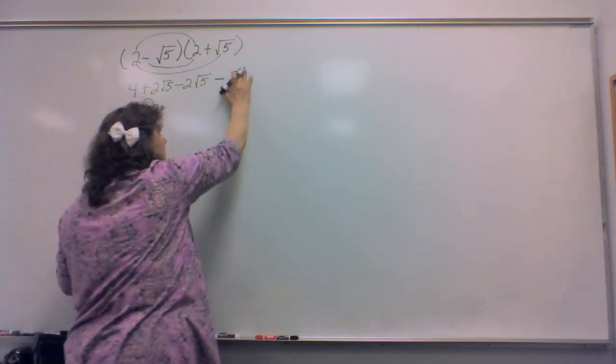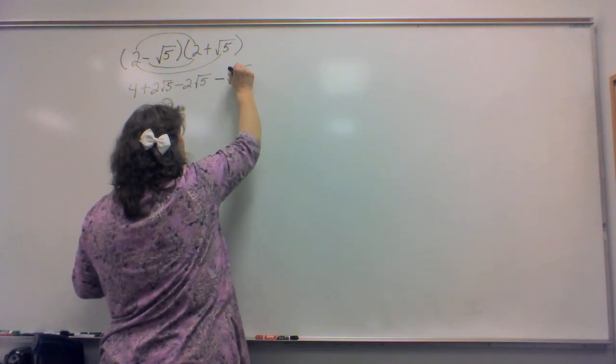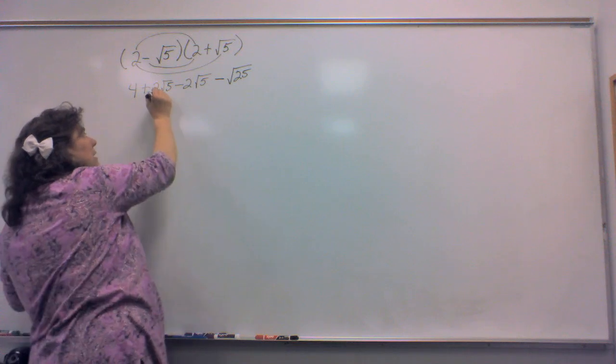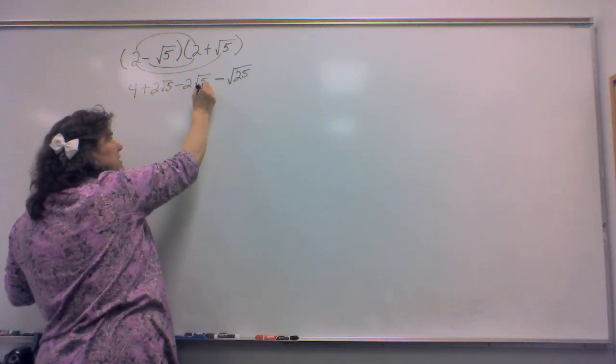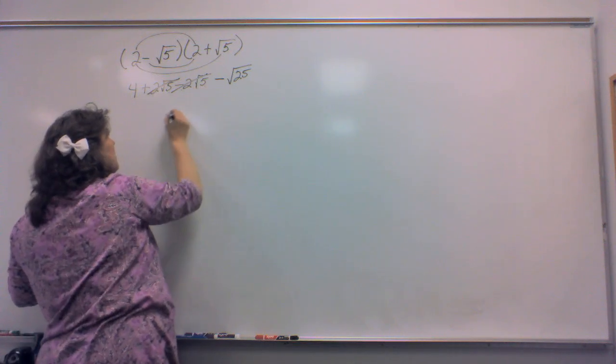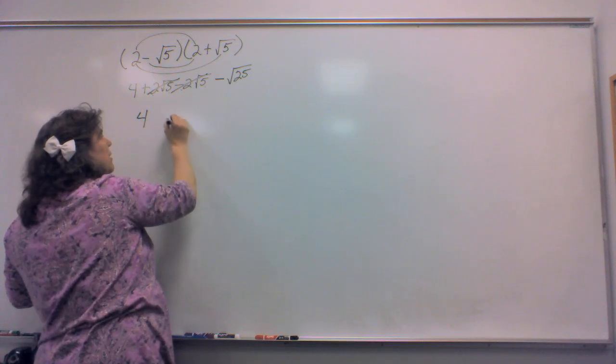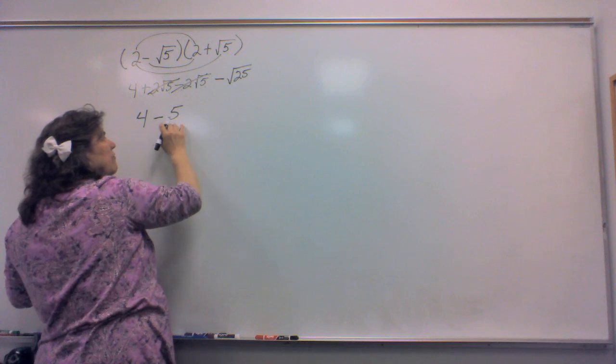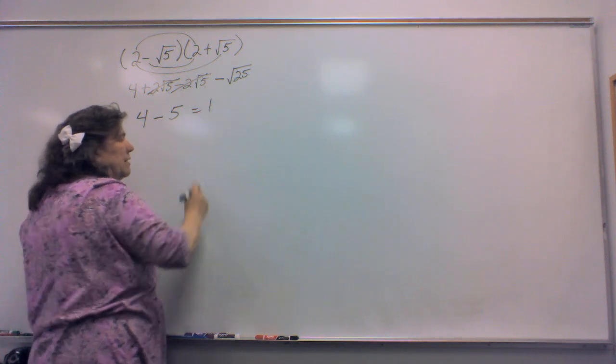Well, let's go ahead and write it. Negative square root of 25. Now let's simplify. 2 square root of 5 minus 2 square root of 5 gives you 0. You're left with 4 minus the square root of 25, which is 5. 4 minus 5 is equal to 1.